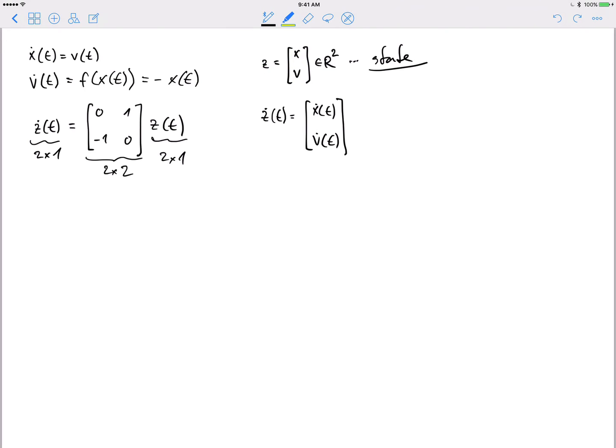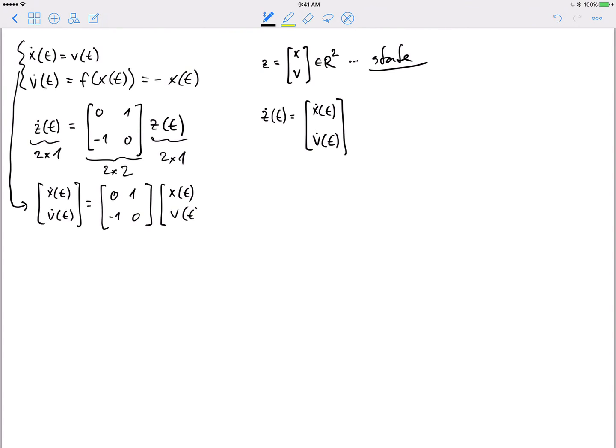So maybe it helps if I write this out like this. I can take this system and rewrite it like this. It's really just a formatting kind of thing, almost silly semantics. And here will be the same matrix, and here is going to be x of t and v of t, right?